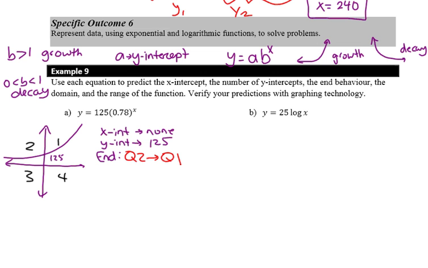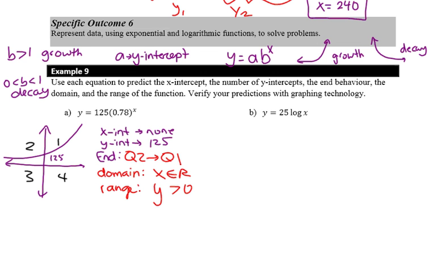And then domain of this function, forever left and right, would be x is an element of the reals, and range of any exponential function is y greater than 0. Can't touch 0.